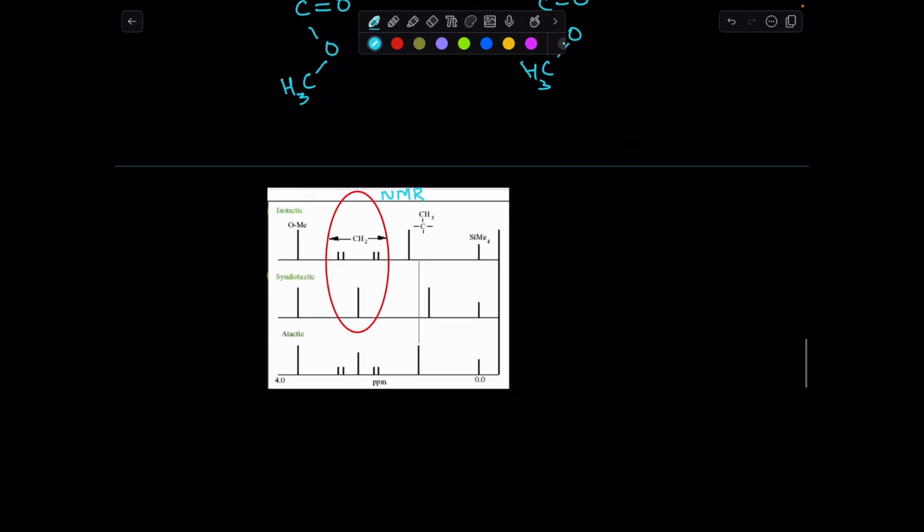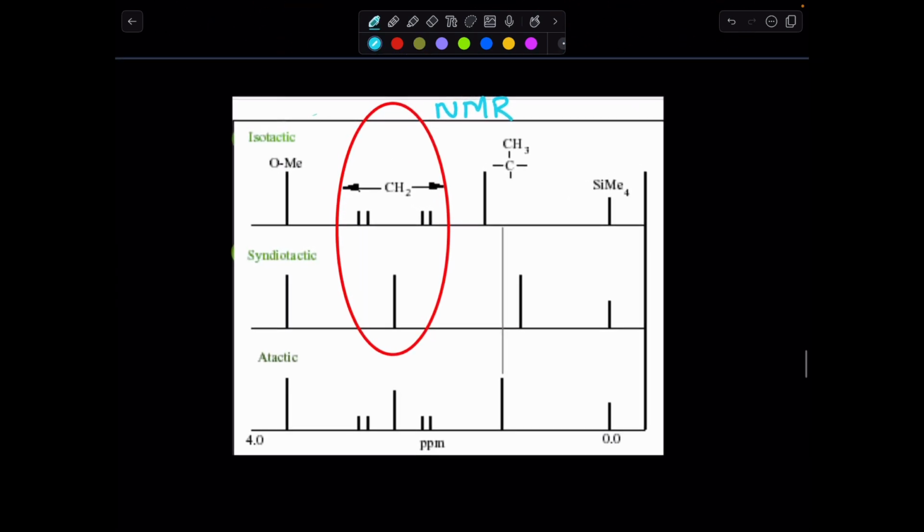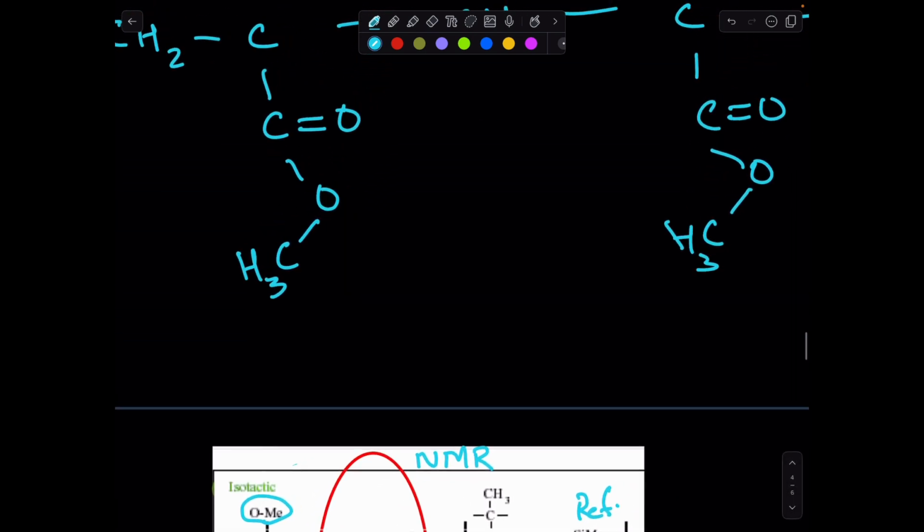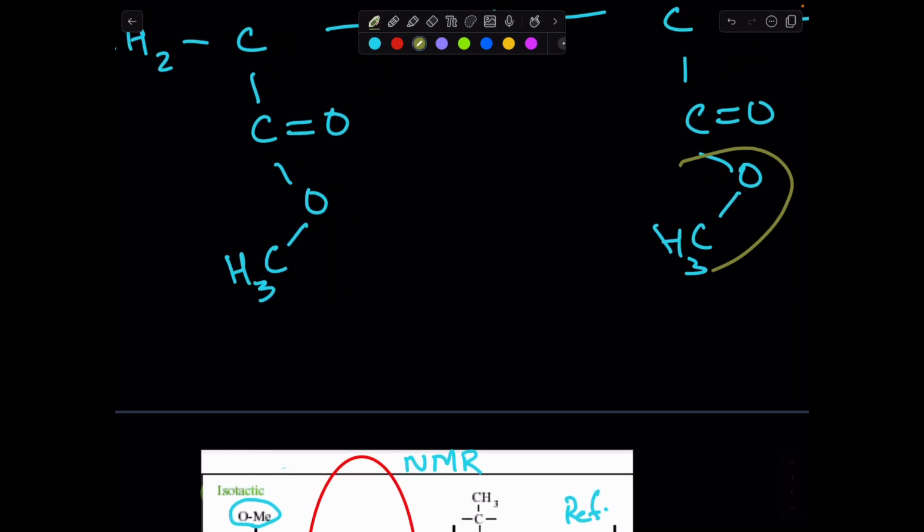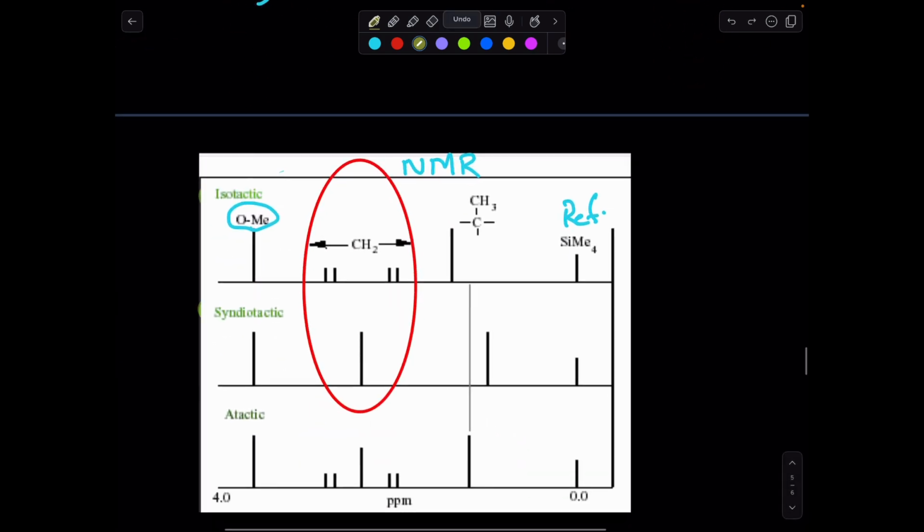This is an NMR of polymethyl methacrylate for the various isomers. At 0.00, we have tetramethylsilane, which is our reference. And then we see the OCH3 group, which is the ester group here.